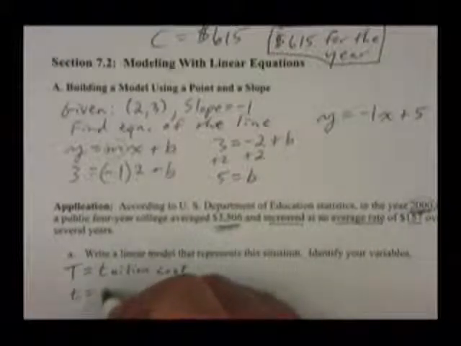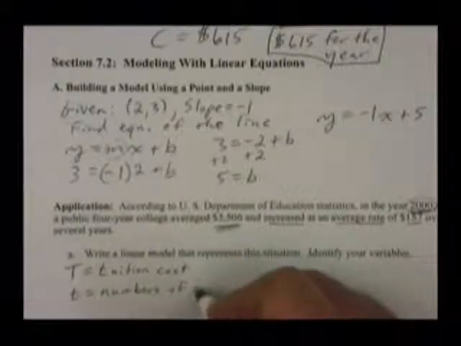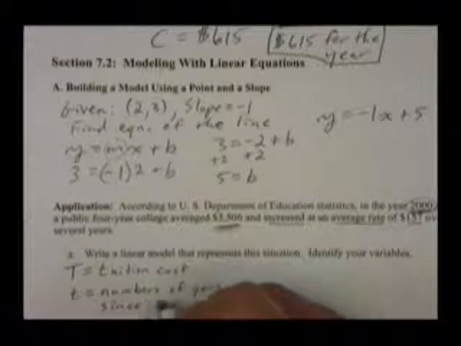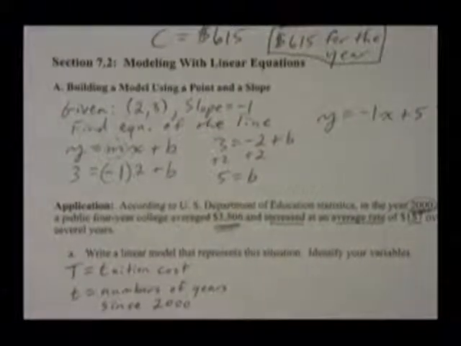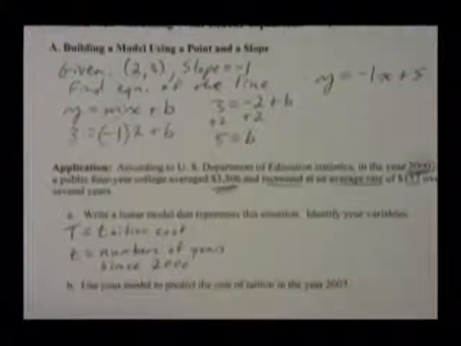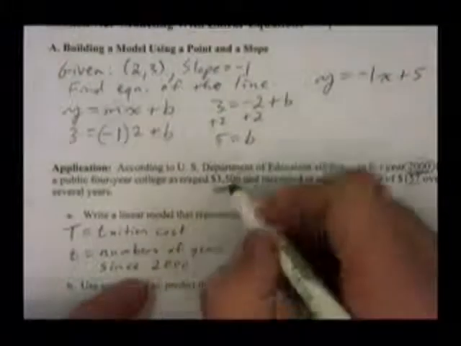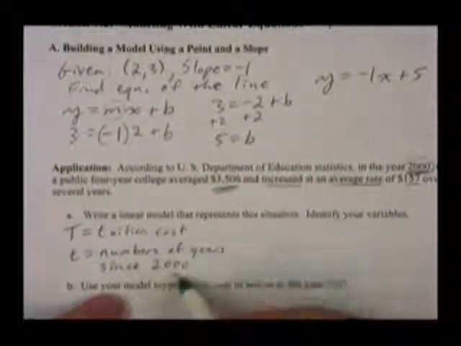So I'm going to say that t is the number of years since 2000. I'm doing that for a couple of reasons. The main one is it makes my life easier, because if t is the number of years since 2000, then this value up here, 3,506, is at a t value of 0.